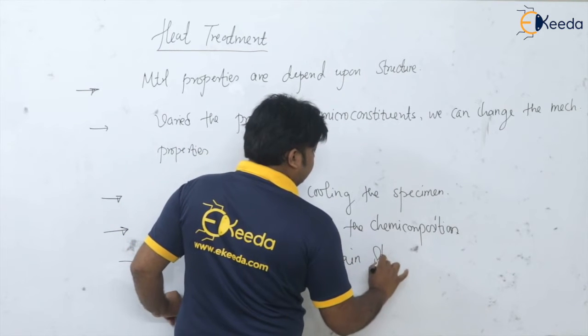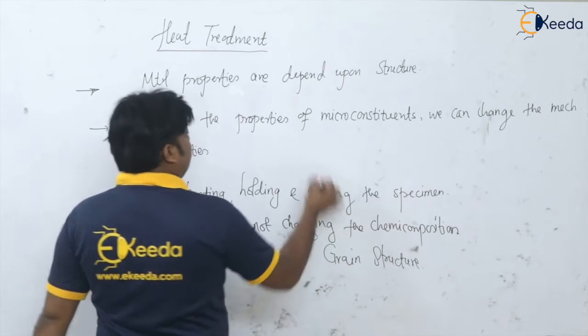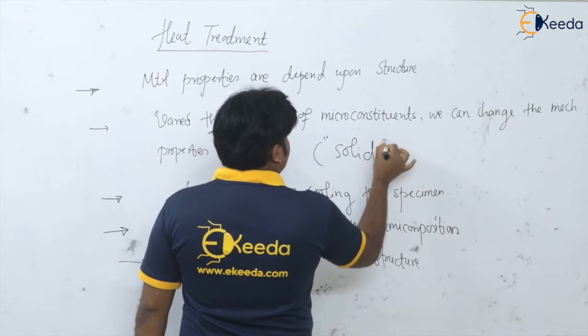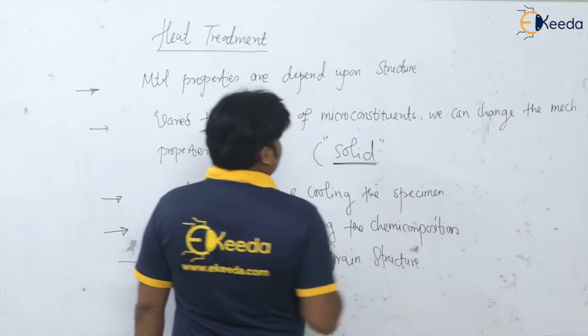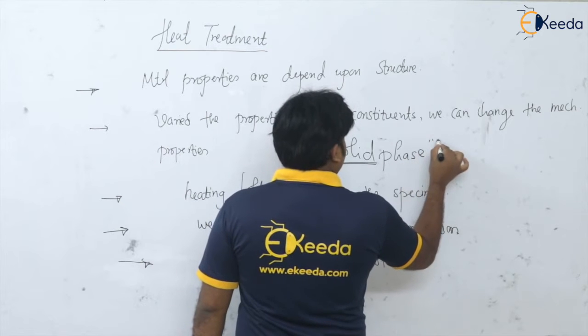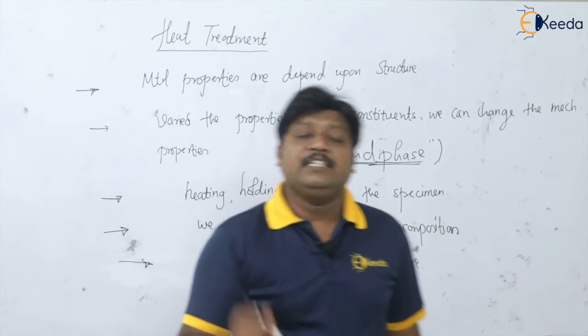Change in grain structure. And very importantly, we are going to perform it on solids, isn't it? The material should be in solid stage or solid phase. Very important. So a shaped object should be there for this treatment.